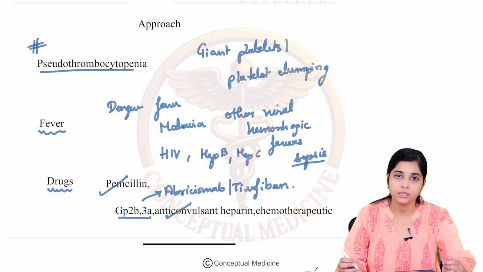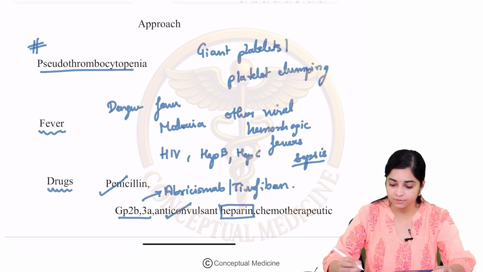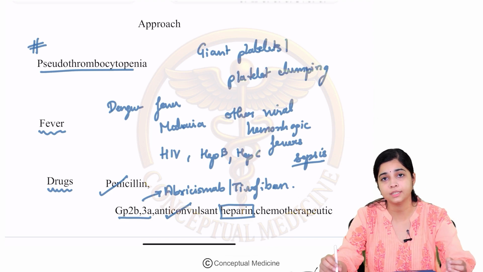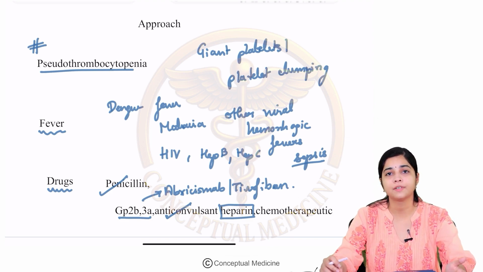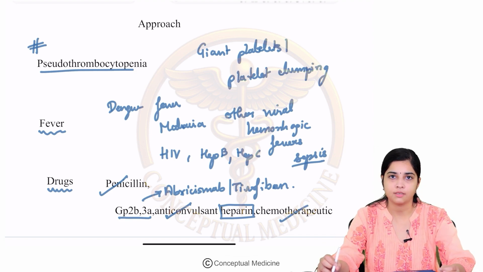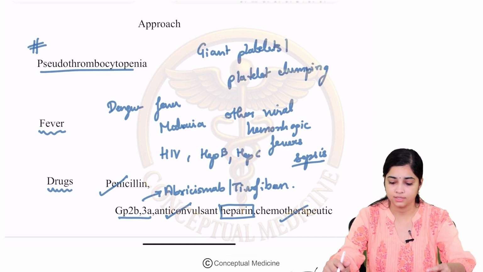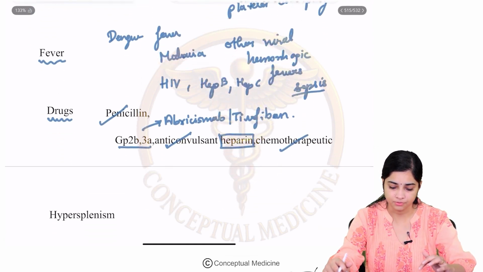Anticonvulsants like phenytoin can cause thrombocytopenia. Heparin-induced thrombocytopenia is a separate entity altogether. This usually starts 4 to 7 days after the initiation of heparin. Then there are chemotherapeutic agents. So whenever you see thrombocytopenia, always think of this list of drugs which can contribute to it.